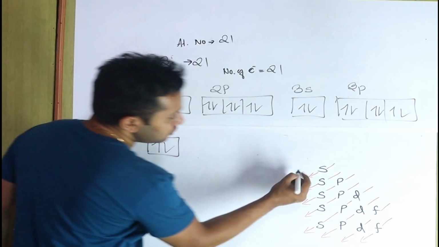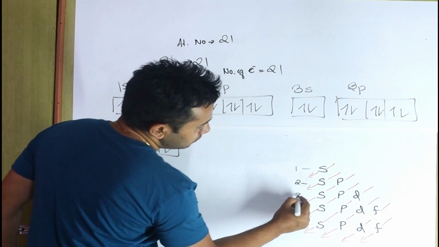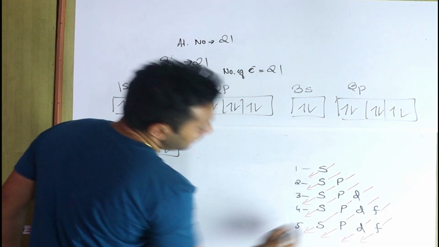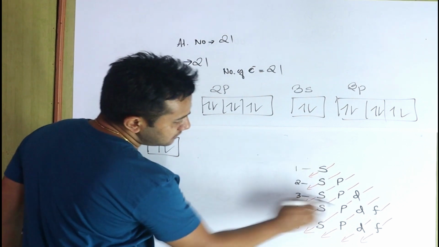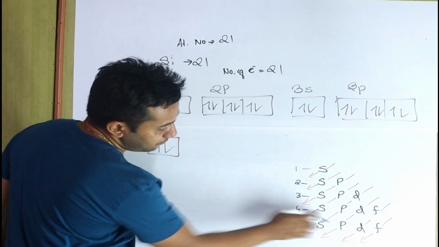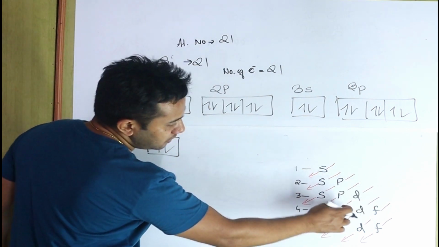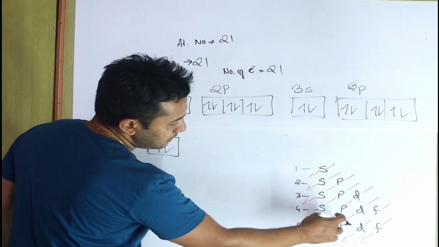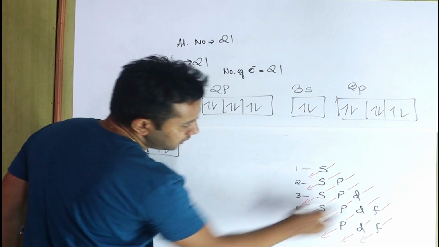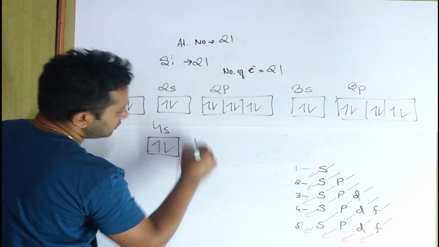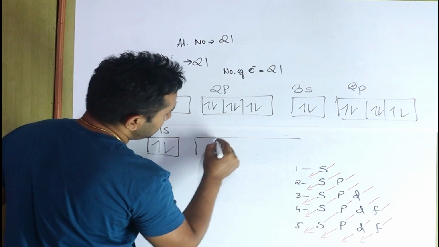So 1s, 2s, 3s, 4s, right? After 4s, we have 3d, 4p, and then 5s. So after 4s, we have 3d. I'm supposed to draw the 3d orbitals.